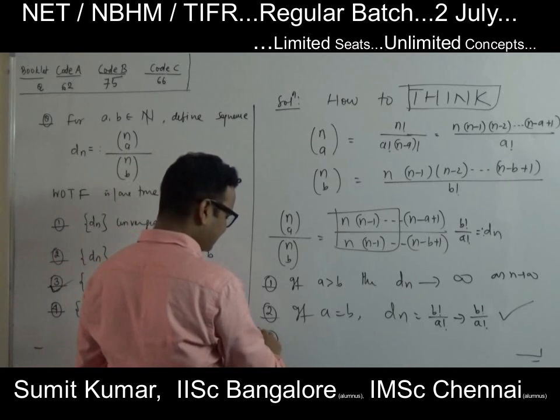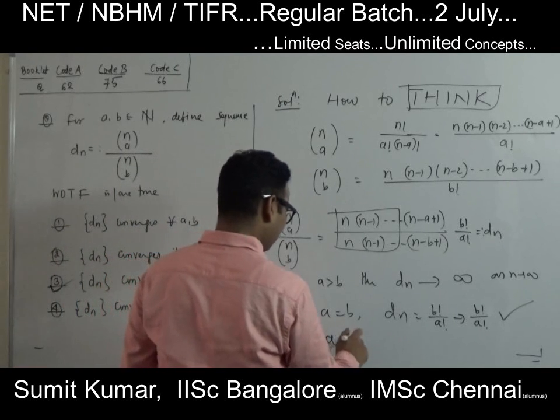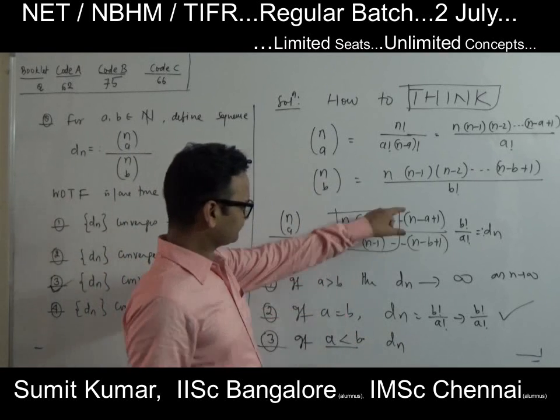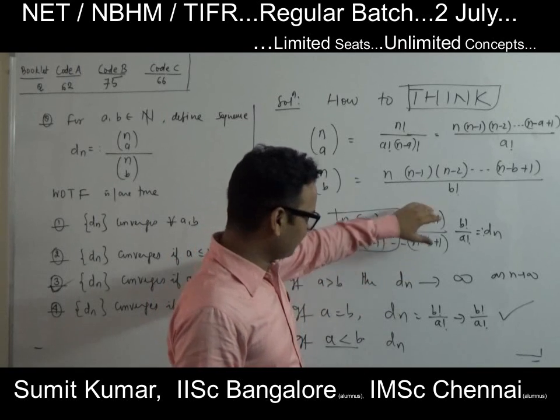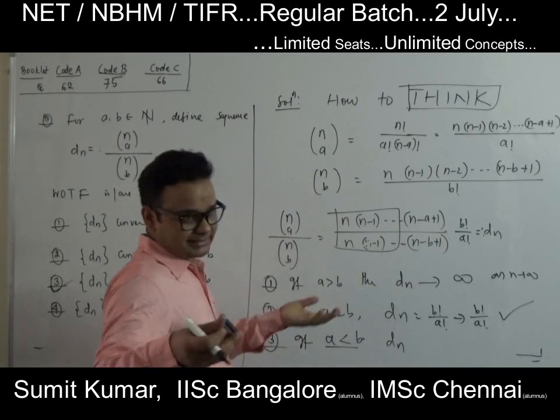What about the third case? If a is less than b, you will get some terms cancelled out and some terms below containing n.